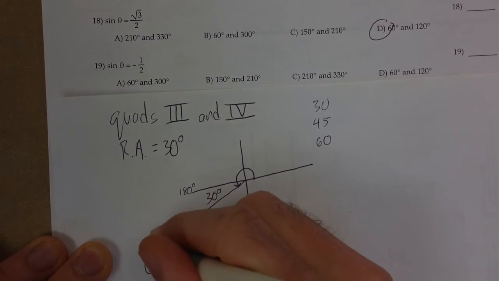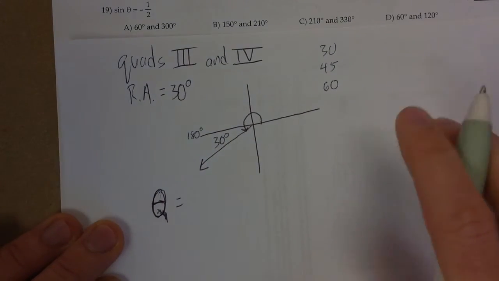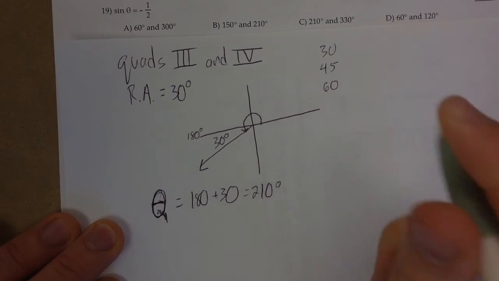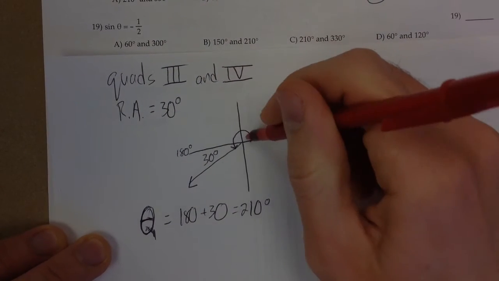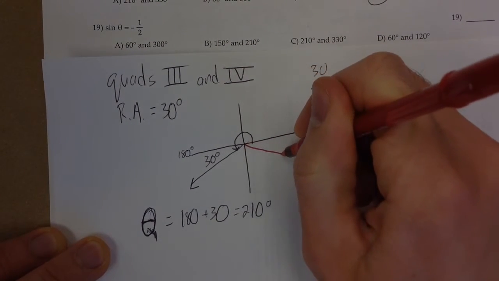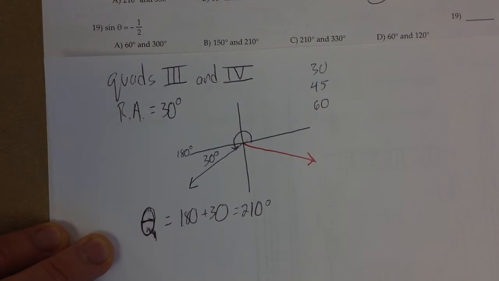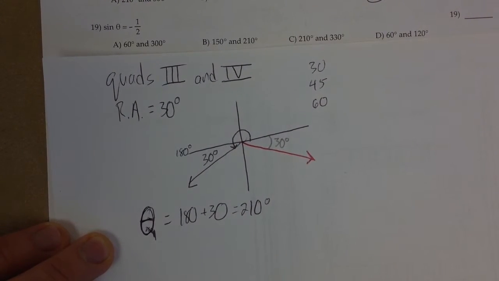Theta. Now we have to find the fourth quadrant angle that has a reference angle of 30 degrees. Which is just a fancy way of saying 30 away from the x-axis. 300? 300 has a reference angle of 60 degrees. It's 60 away from the x-axis. You want it to be 30 away from the x-axis.